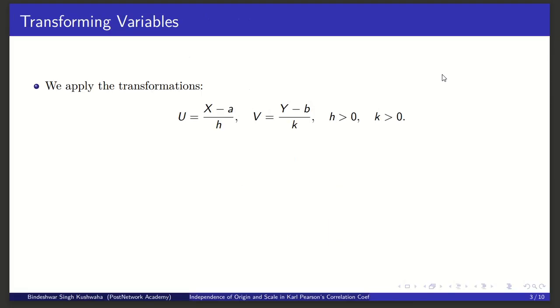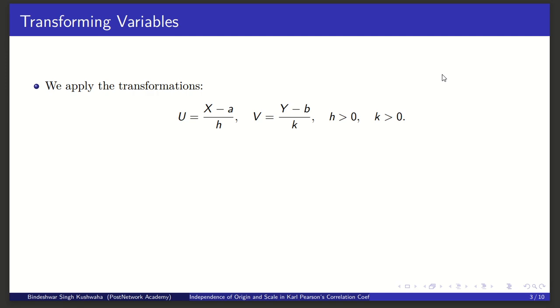Now here we will see that if we subtract a number and divide by a constant, there will not be any effect on correlation.